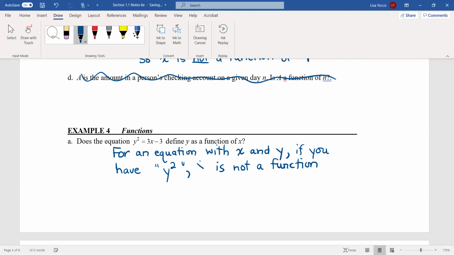If you have a y squared, then y is not a function of x. All right. So like I said, this is here, but it's not really what we're particularly interested in. So what's the answer? No. All right. Got a y squared in it.